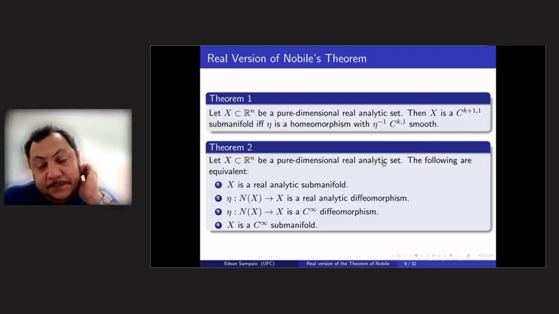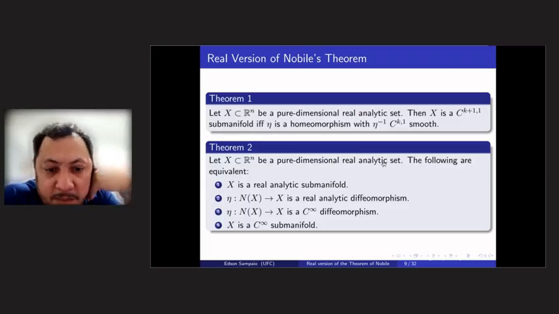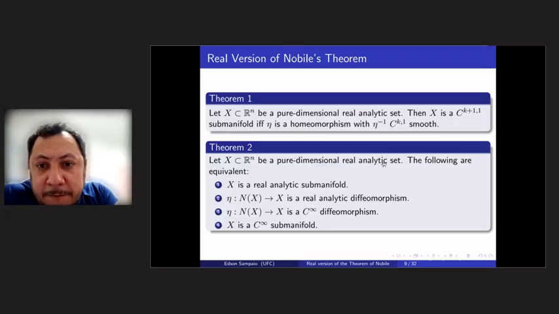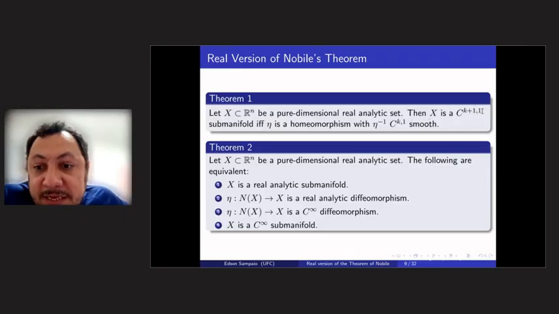Just to say some words about how to prove theorem 2 using theorem 1. It's easy to verify that 1 implies 2, 2 implies 3 and 3 implies 4. In fact, 3 implies 4 comes from theorem 1, because if eta is C infinity, it is C^{k,1} for all k, and then for the same reason X is C^{k+1,1} for all k, so X is C infinity.